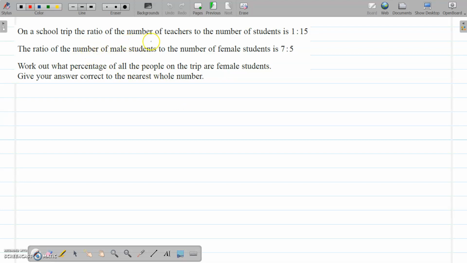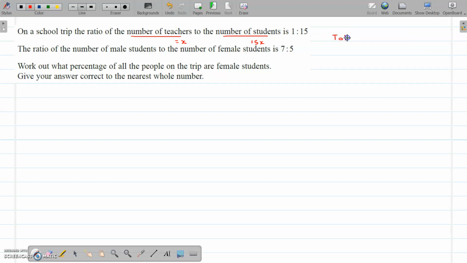The school trip, the ratio of teachers to students is 1 to 15. Now I'm going to define the number of teachers as x, and therefore the number of students as 15x, because it's 15 times more. So the total number of people is 16x.